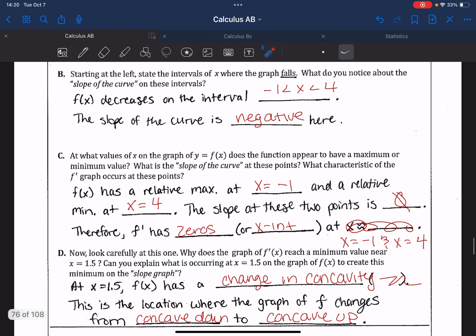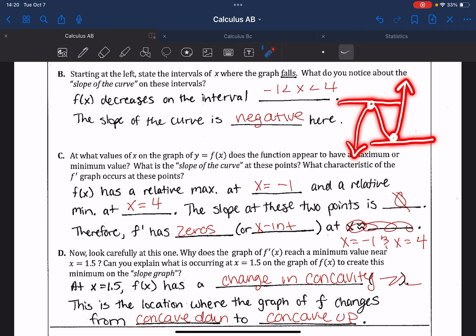It says f of x has a relative max and a relative min. We know that it's a relative max and a relative min because the slope at these points is 0. So that means we are changing direction here. This would be a maximum, this would be a minimum. When we draw the tangent lines at those points, we notice it's a horizontal line, which means the slope is 0.